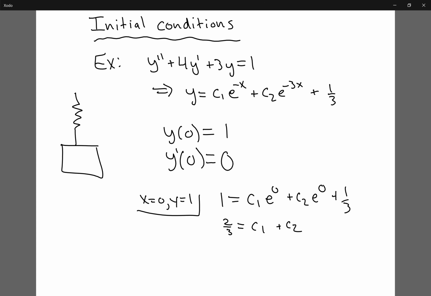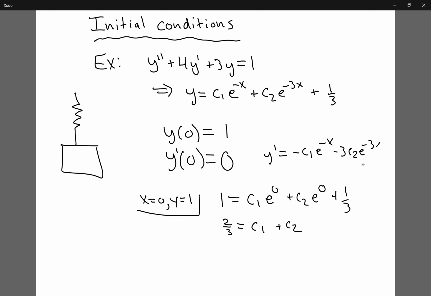And we plug in a piece of information about the derivative. We're going to need to do a little work there. So y prime is equal to negative c1 e to the negative x minus 3 c2 e to the negative 3x.